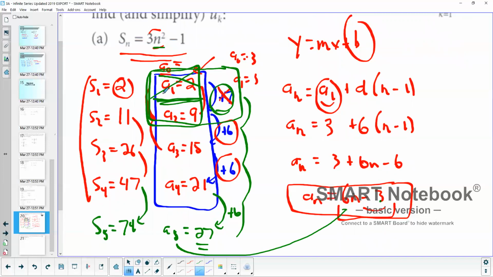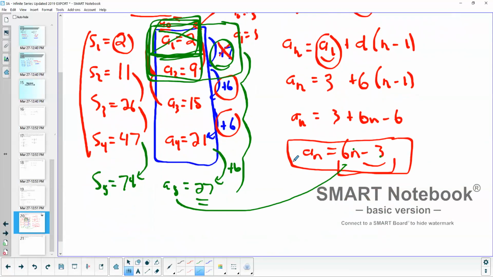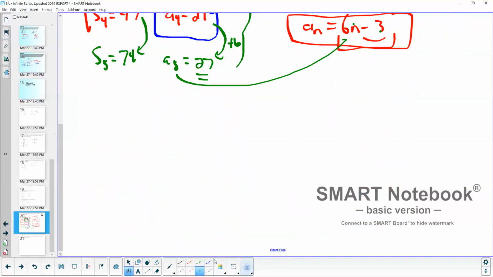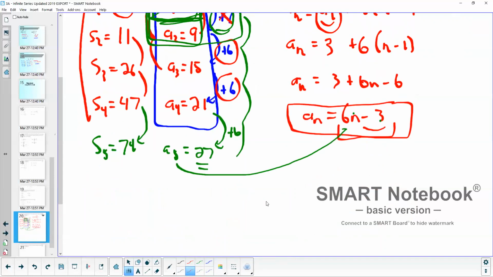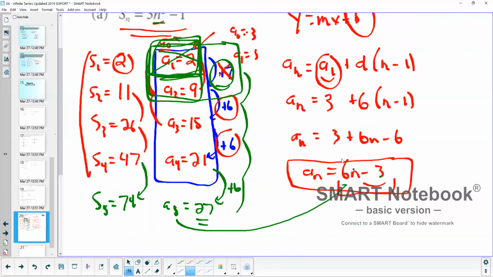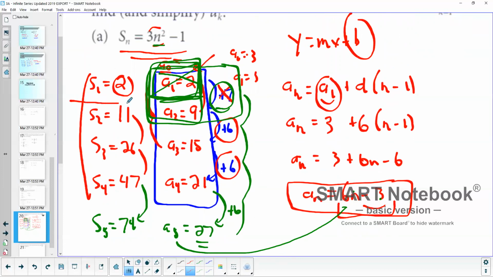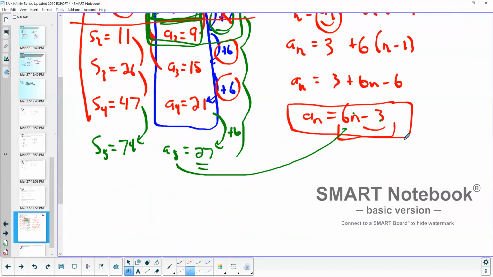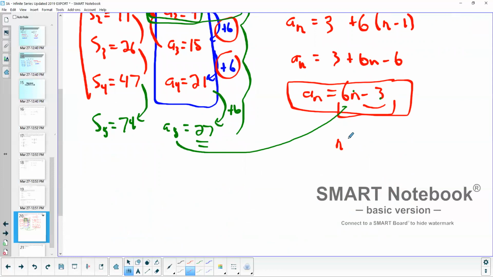So it is okay, even though you might feel uncomfortable with it, that it's not working for this first term right here. So what we need to do is just add an additional rule in here. So we are saying that the nth term in the series is 6n minus 3, except that it starts at the second term. So we're going to add a little disclaimer here that this rule only applies when n is greater than or equal to 2.